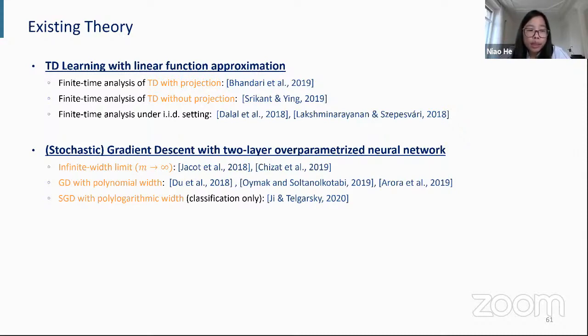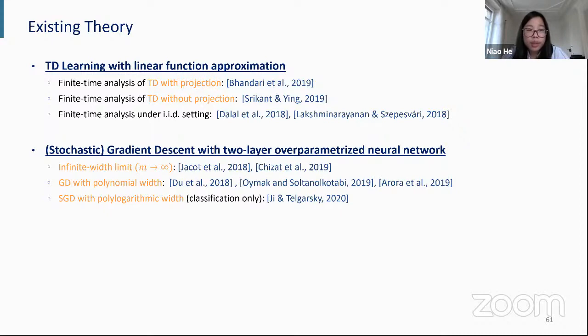But of course, in practice, nobody uses an infinite number of neurons, right? We oftentimes just use a finite number of neurons. There were results showing that if the number of neurons is polynomial in the number of samples you have, and you just apply gradient descent, you will converge to the optimal solution, or oftentimes it gives you zero training loss.